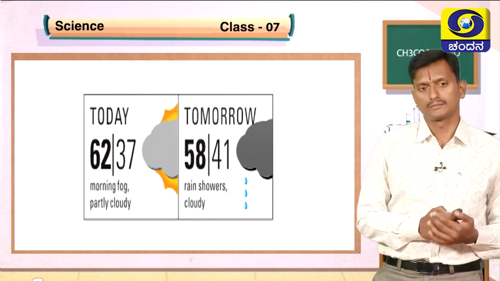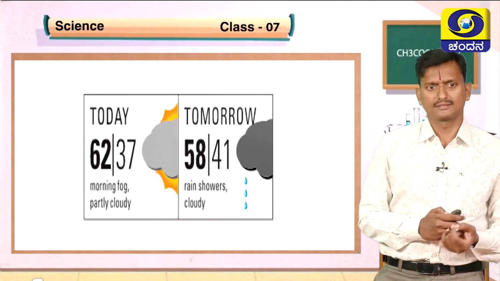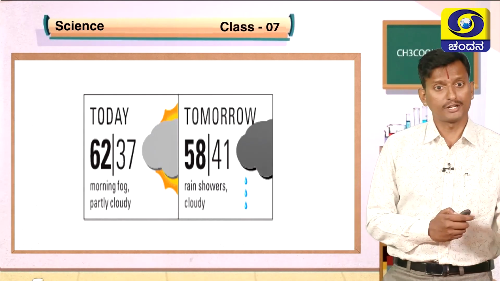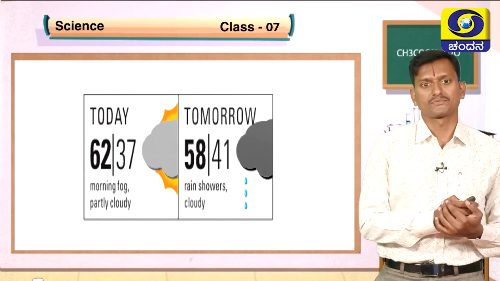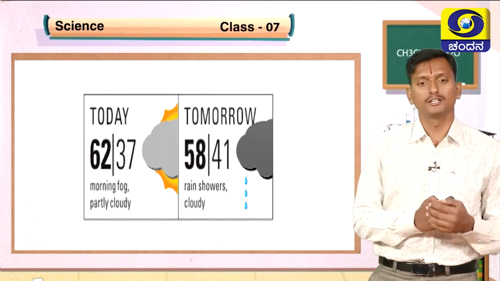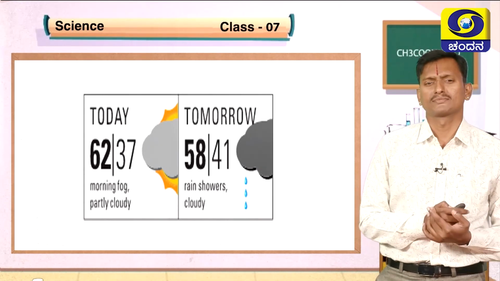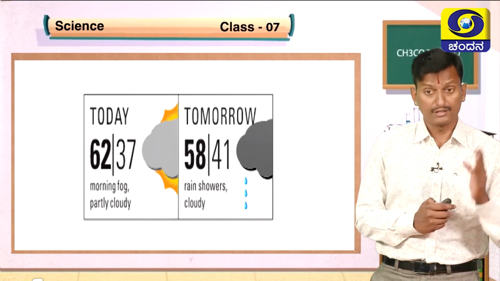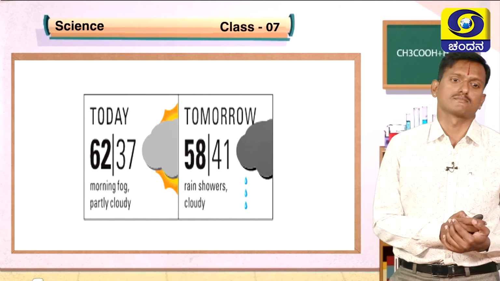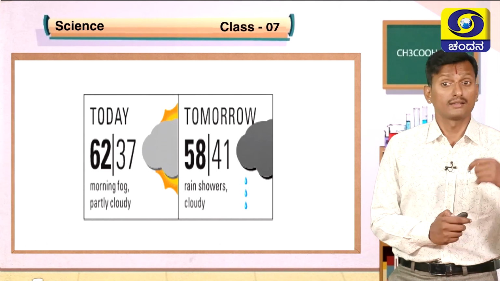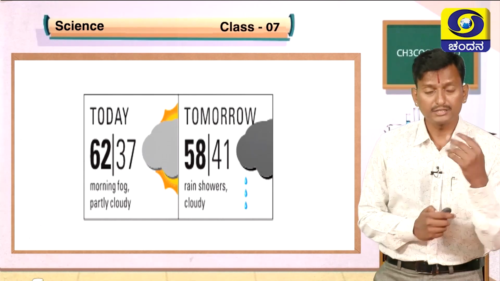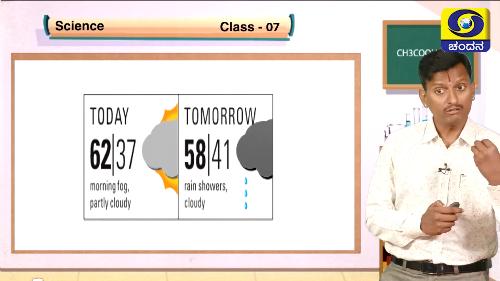See here, today's weather is 62 but 37, morning fog, partly cloudy. Tomorrow's weather 58 or 41, rain showers, cloudy. That means today's weather is not the same as that of tomorrow. The temperature will be different, the wind speed will be different, the humidity will be different.